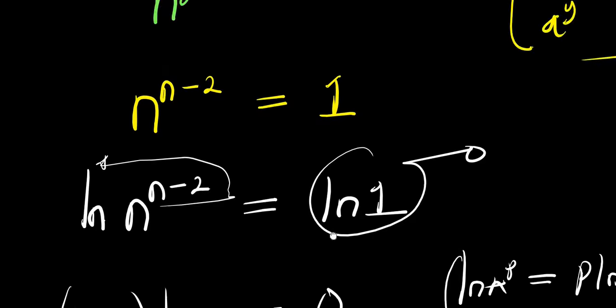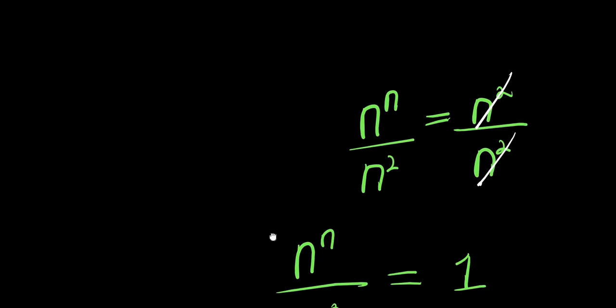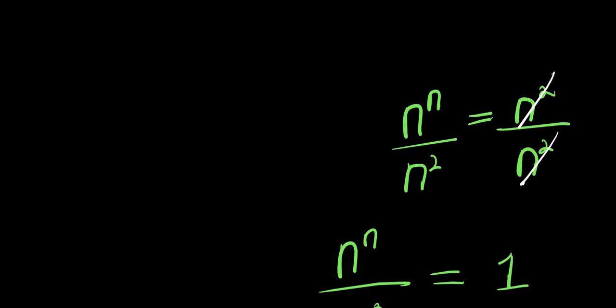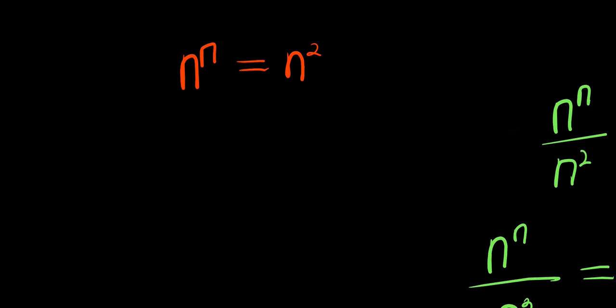Now, we can also solve this by directly applying natural log. So for instance, you have n^n = n^2. I can just decide to apply natural log. Have natural log of n^n equals natural log of n^2.